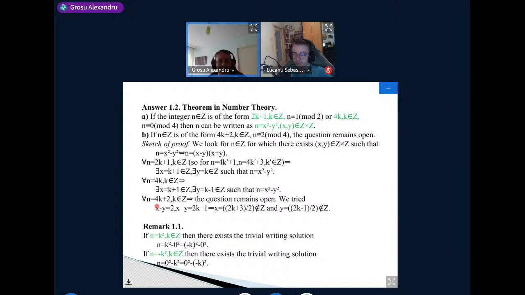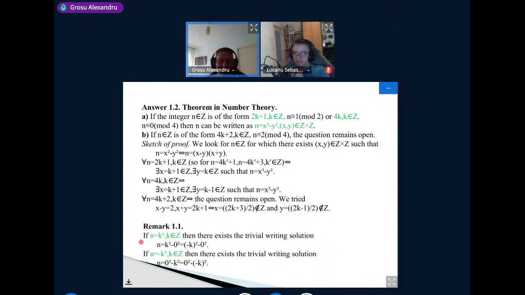But whatever n equals 4k plus 2, the question remains open. We try x equals 2k plus 3 divided by 2, and it's not an integer, and y is 2k minus 1 divided by 2, and is not an integer.